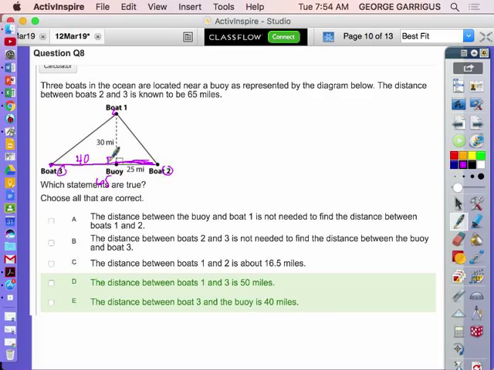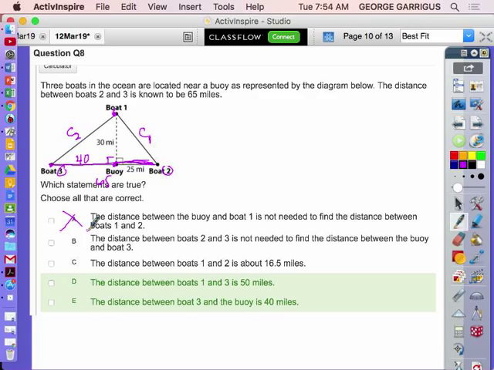Let's see if they ask that. The distance between the buoy and boat 1 is not needed to find the distance between boats 1 and 2. We don't know that distance. We'll call it C sub 1, and we'll call this C sub 2. Yeah, no, we need to know those distances.